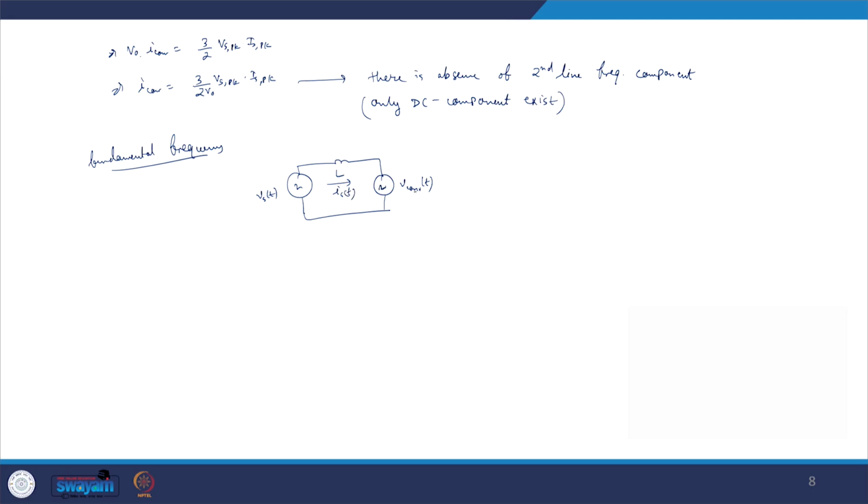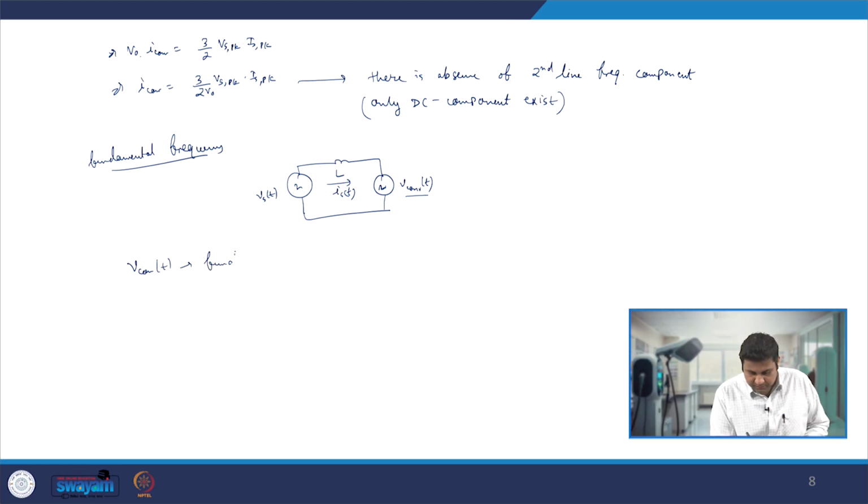Now we know that our V converter has a fundamental component, from lecture 22.